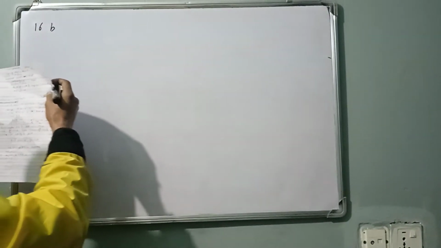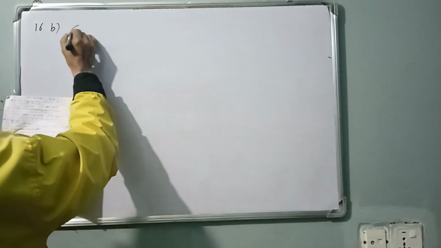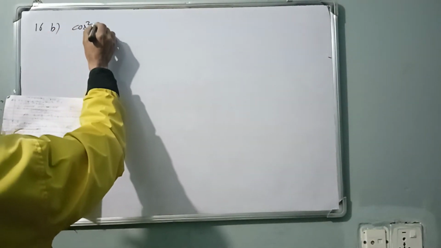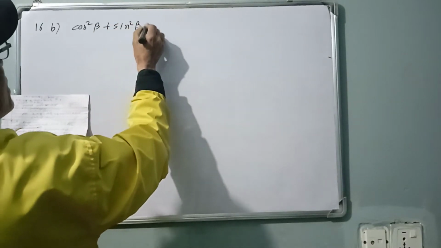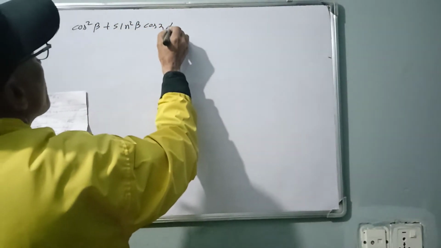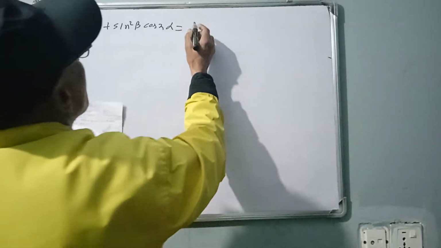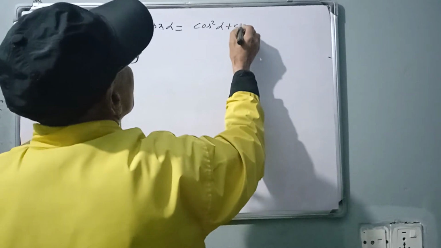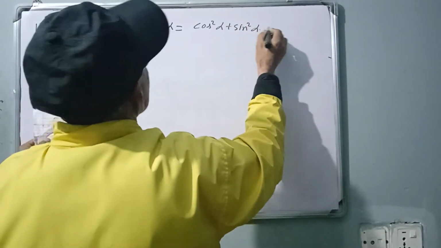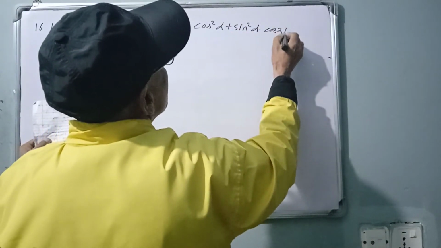I write down the question. Cos square beta plus sin square beta cos 2 alpha equals cos square alpha plus sin square alpha into cos 2 beta.